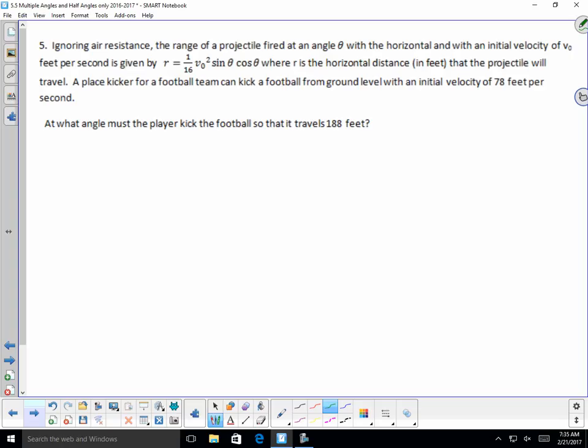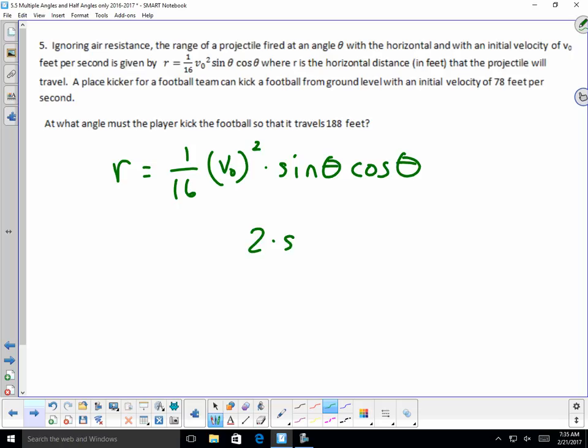So we're using this formula, r equals 1 over 16 v sub 0, which means the initial velocity squared, times sine theta times cosine theta. Well, first of all, let's try and get just one trig function in here. If we could get a 2 times sine theta cosine theta, that's the same as sine 2 theta.